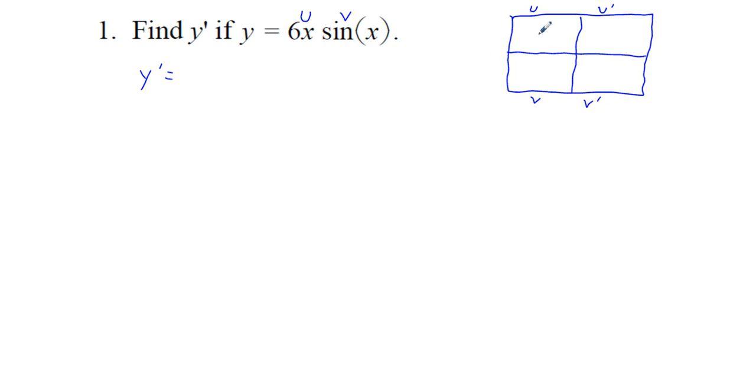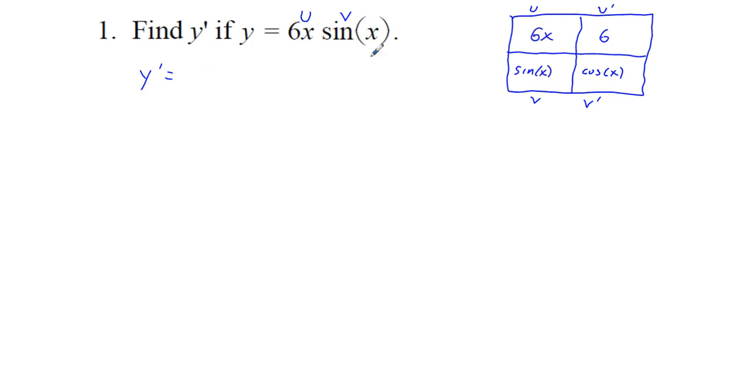So u we've designated as 6x, and u prime is going to be 6. For v, we have sine x, and v prime is going to be the derivative of sine x, which is cosine x.